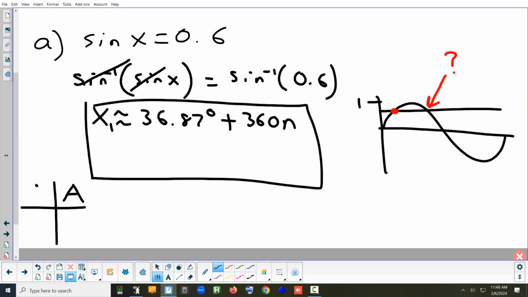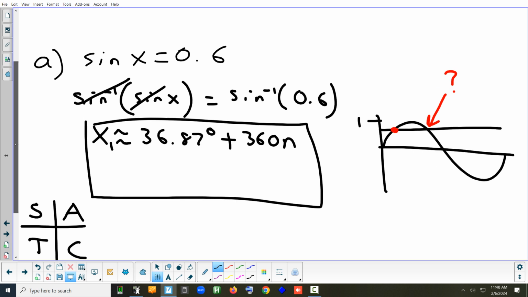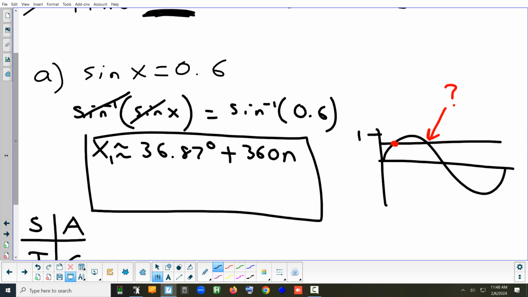What goes in this box? S. And the one below it? T. And then the last one is the C. So this is where all the trig functions are positive, just the sine, tangent. Now, what function are we working with? Sine. And we want to know where sine is equal to what kind of number is 0.6? Positive.